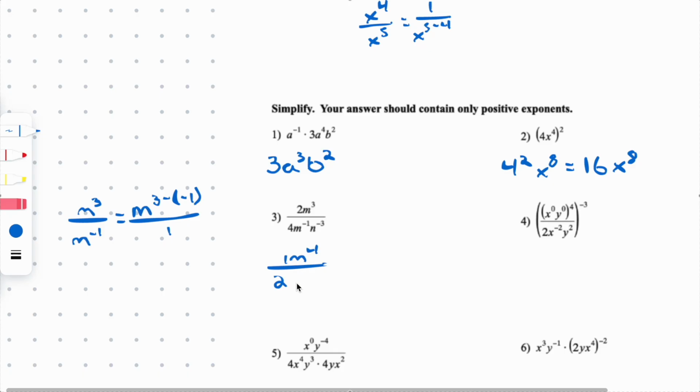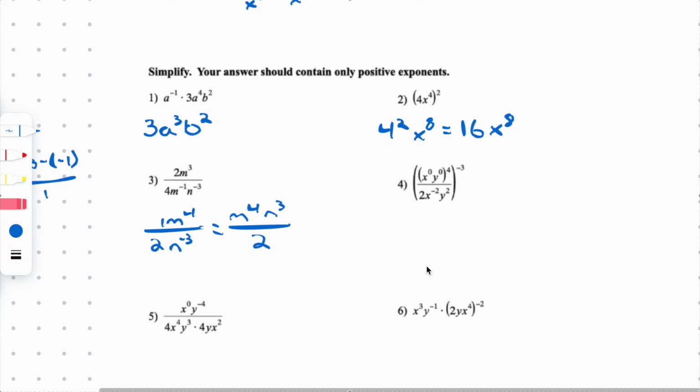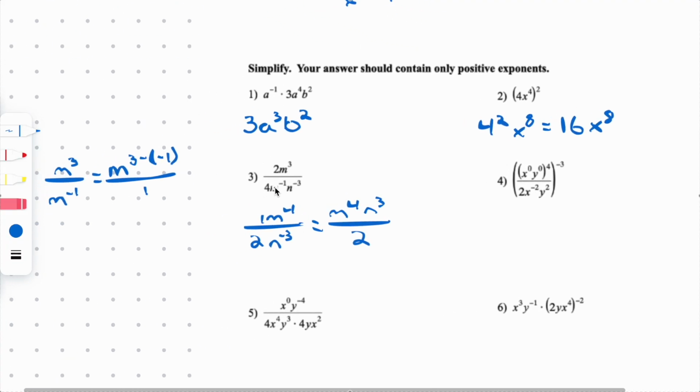So m to the 4th over n to the negative 3rd. Again, we want to move that n to the negative 3rd up to the numerator. So we get m to the 4th, n to the 3rd over 2. This one's a little wonky, but one thing I just want to stress is the same rules apply, even if it's negatives or it looks weird or maybe it's fractions.